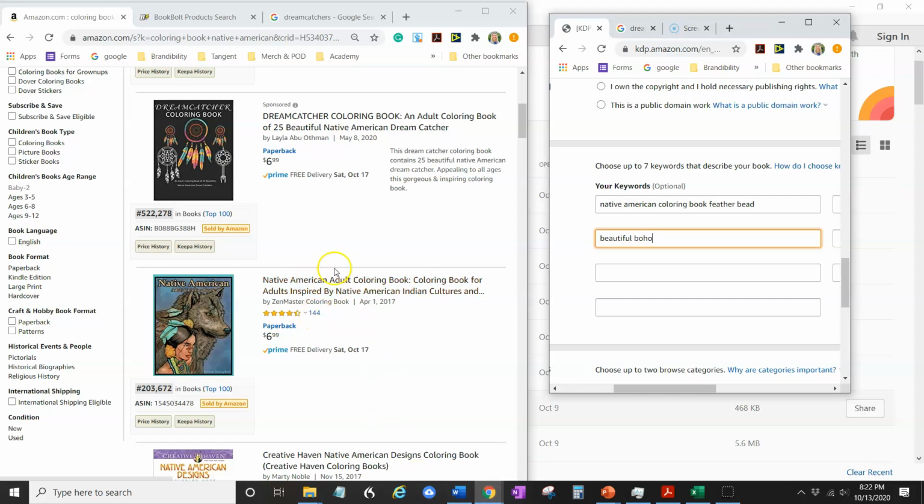Now, if there was anything that could be strung together, like Native American coloring book, then I would definitely do that. If I had that Pacific Northwest, like a Northwest design, maybe Pacific Northwest Indians, or Indian design, right? So I might include that.